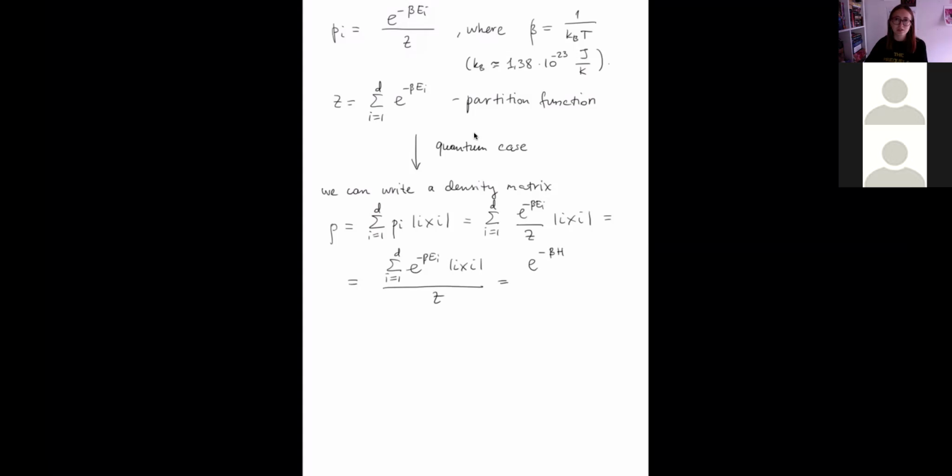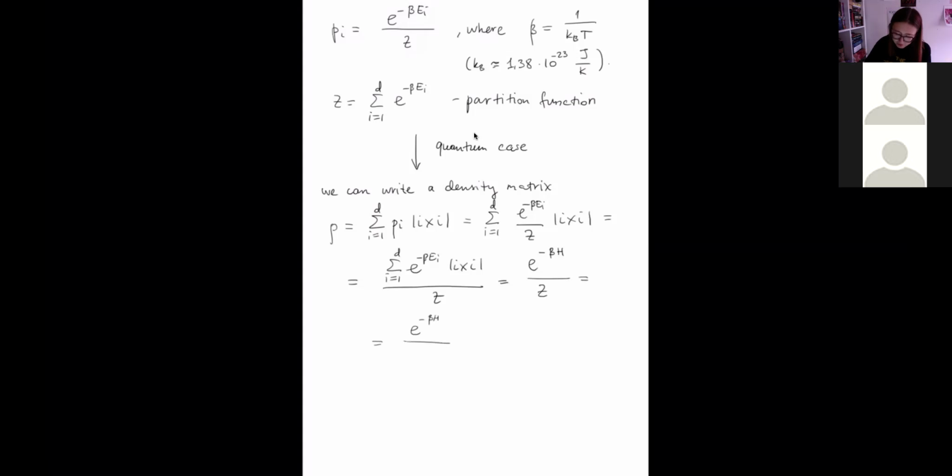Why? Because the Hamiltonian is diagonal in the energy basis, so if we insert our diagonal Hamiltonian into the exponential, its action is that all the diagonal terms get exponentiated, and then we divide by Z. Since Z is just the normalization constant, we need the trace of the density matrix to be 1, corresponding to the probability distribution summing to 1.